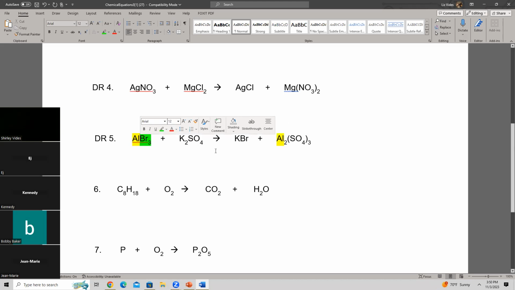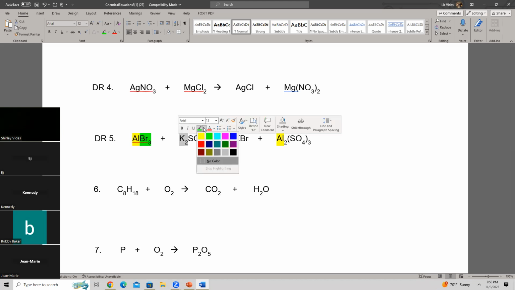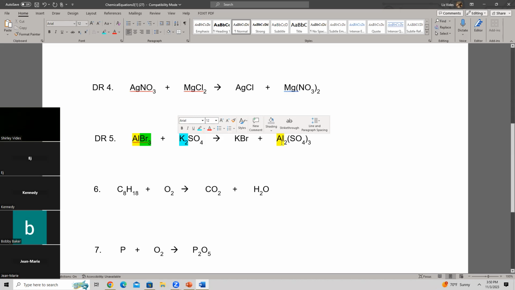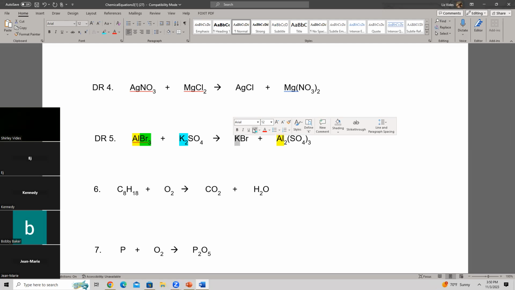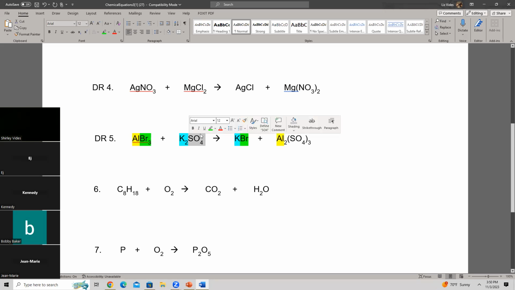That's when it really becomes quite obvious. Let's give potassium blue, and let's give bromine the green, and let's do sulfate in pink. You can see it more if it's colored. It's actually very obvious when you see it like that.